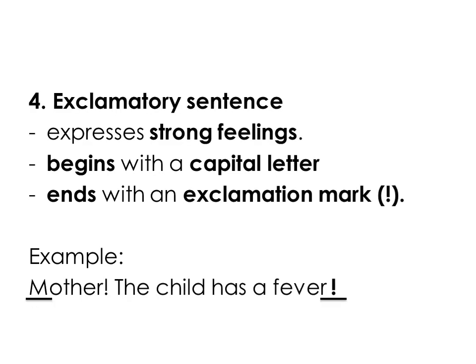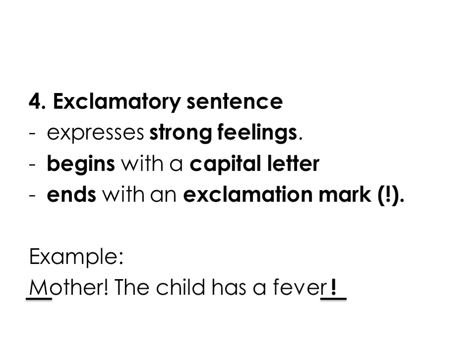Number 4, exclamatory sentence. So, an exclamatory sentence expresses strong feelings. Strong feelings. So, when we say strong feelings, examples are when you're angry, when you're hurt, when you're in shock, or you're afraid, just like that. Or you're very, very happy. Okay? It begins with a capital letter and ends with an exclamation mark. Okay?